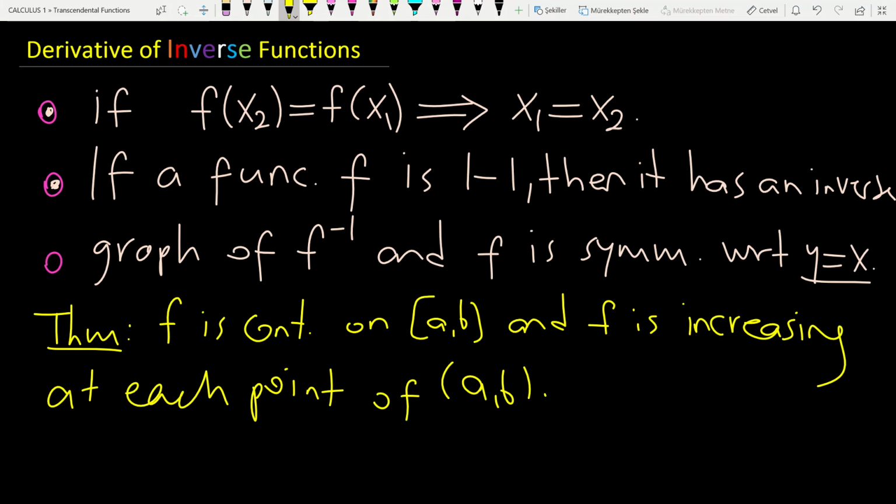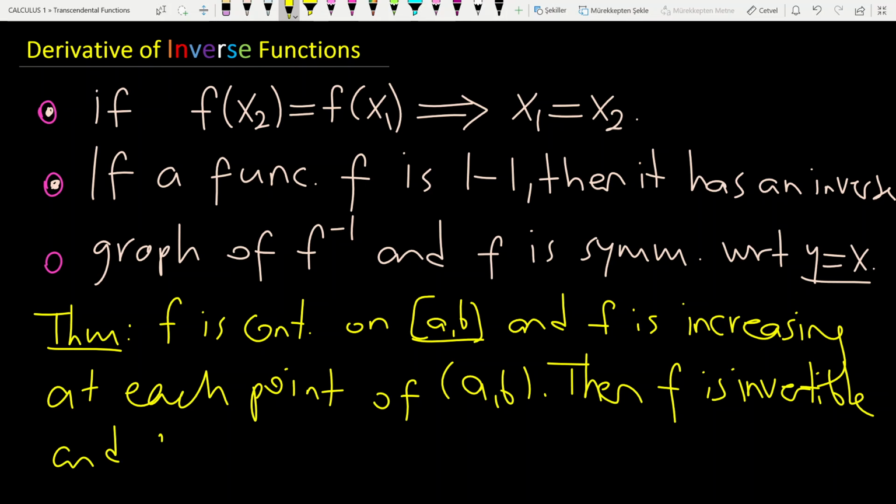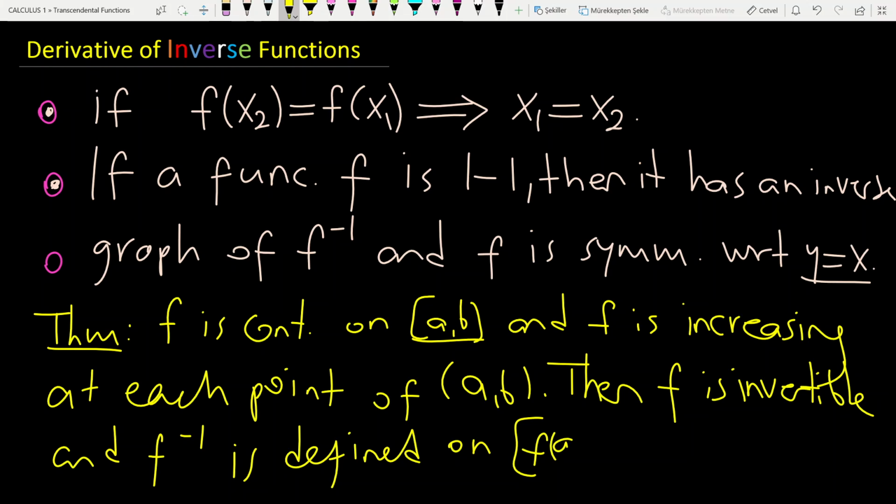Then if you have this case, then f is invertible on this closed interval, and the inverse is defined on the closed interval f of a, f of b. It is the domain of f inverse.